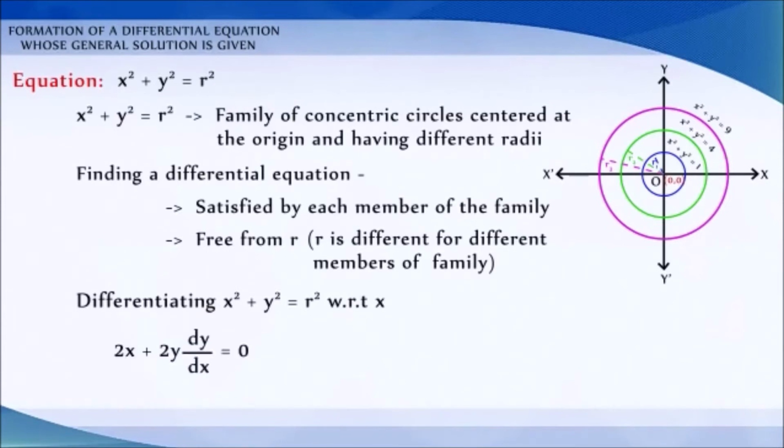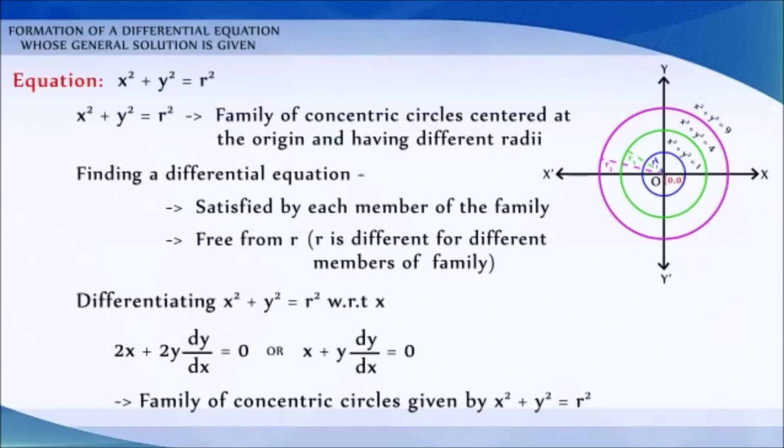That is, 2x + 2y dy/dx = 0 or x + y dy/dx = 0. This differential equation represents the family of concentric circles given by the equation x² + y² = r².